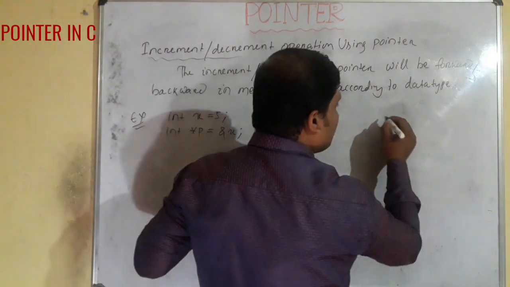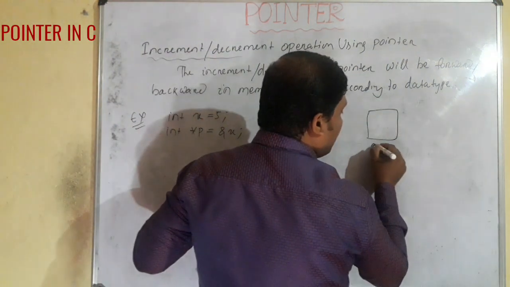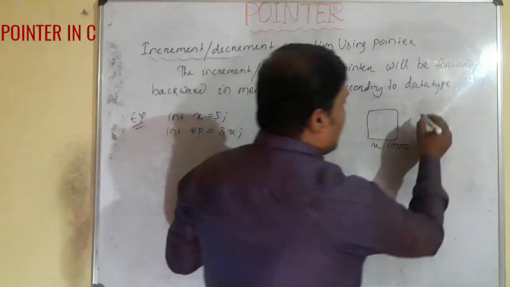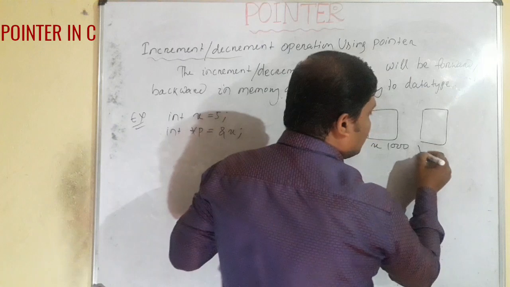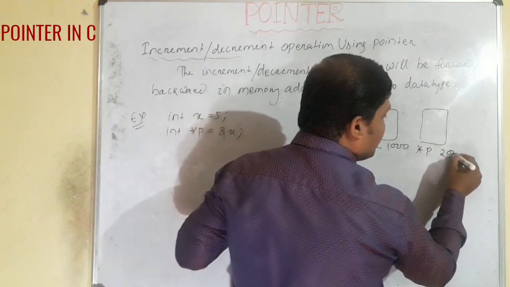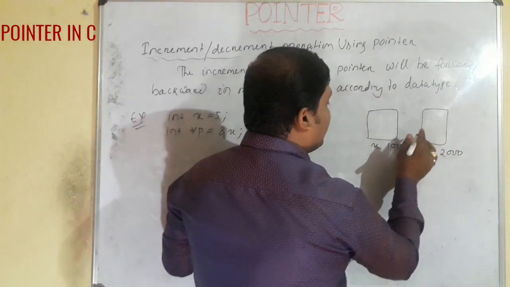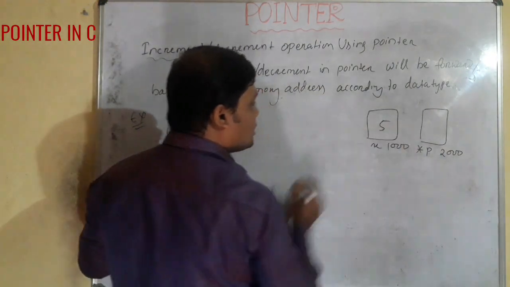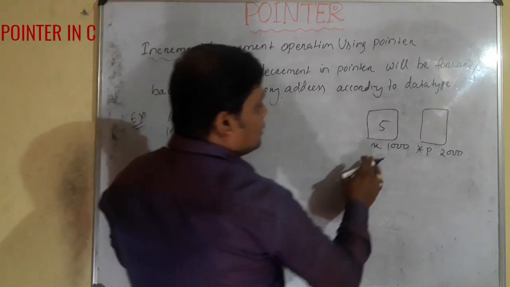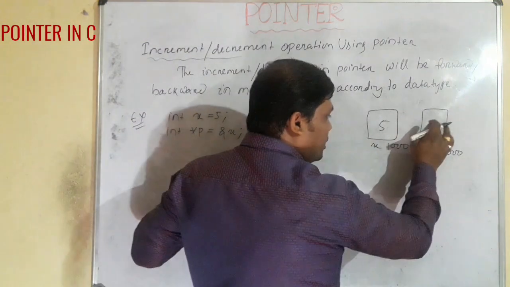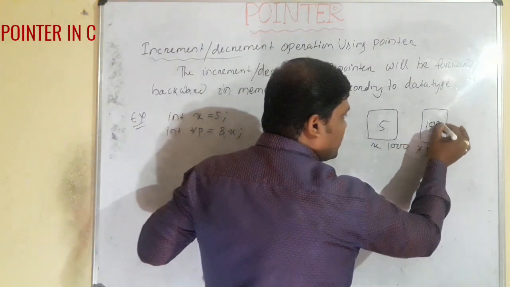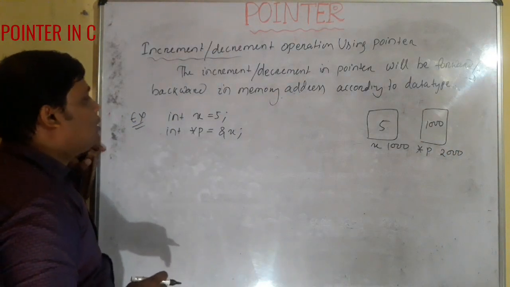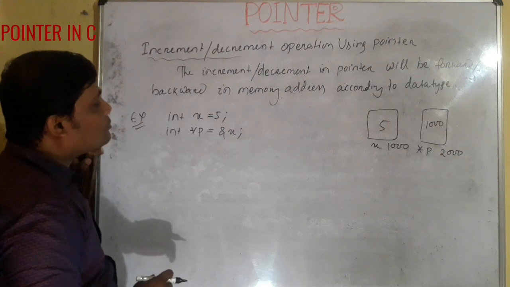So as integer x will be allocated some memory, suppose 1000, and one pointer is there, that is star p, with some address 2000 suppose. And as I have stored x, the x value is 5, and as the x address is stored in the pointer, it will be 1000. We have already discussed this type of example before.